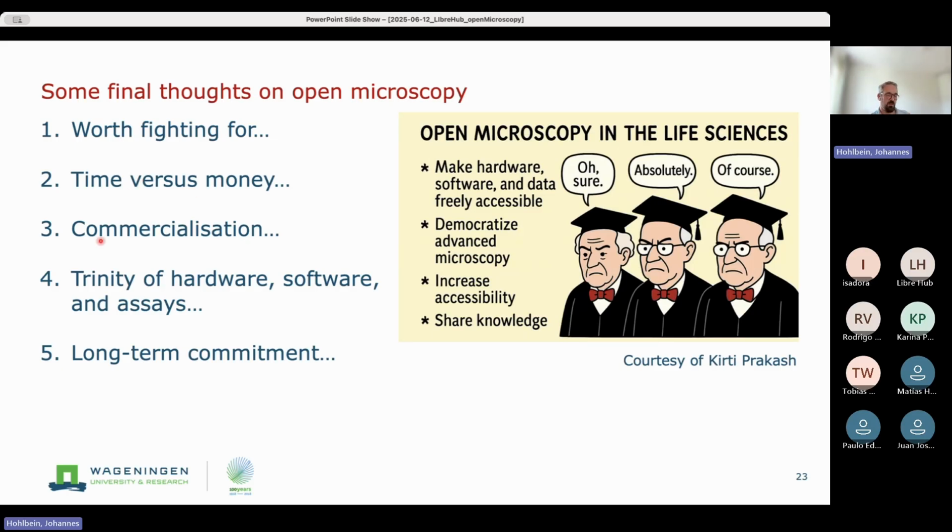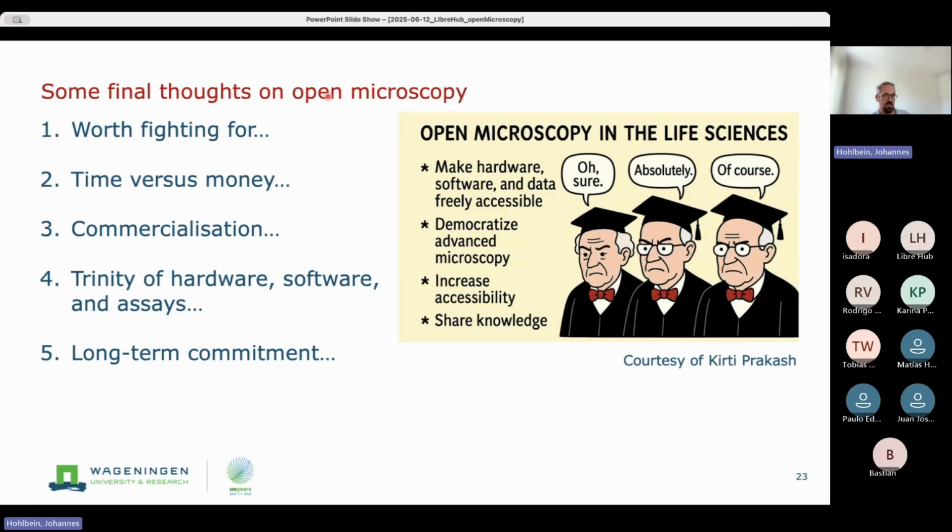This is why I personally think it's very good to have routes of commercialization, even in open microscopy. There should still be a pathway, by making things available and even selling small components, that you have some revenue stream, so that if you set up a company you could benefit from that.